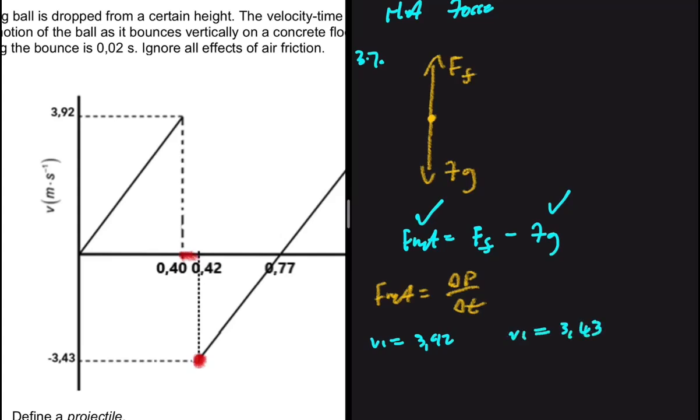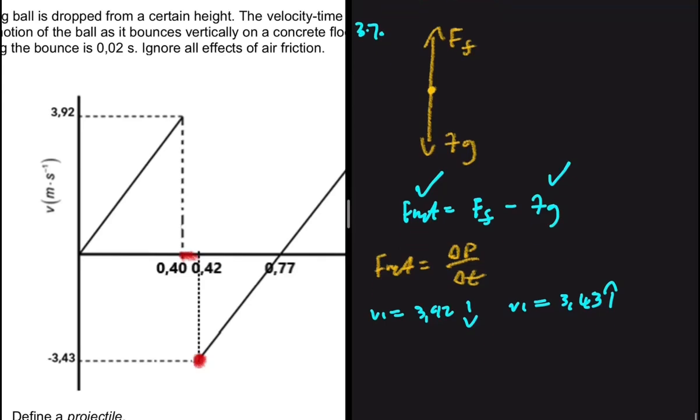Now it is important to note that it is 3.92 downwards, and then it is 3.43 upwards. So that will be essential when we choose which direction we take as positive and which direction we take as negative. And obviously our change in time is 0.02 seconds.